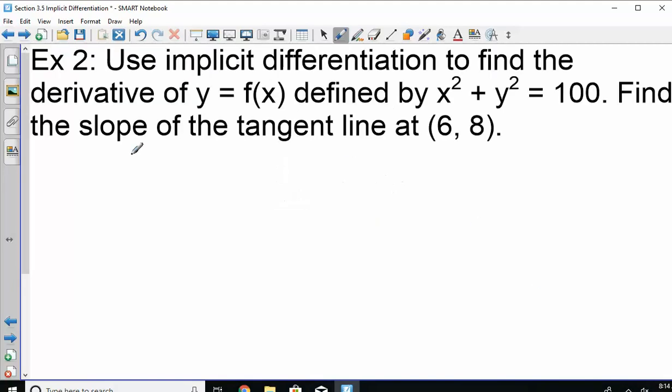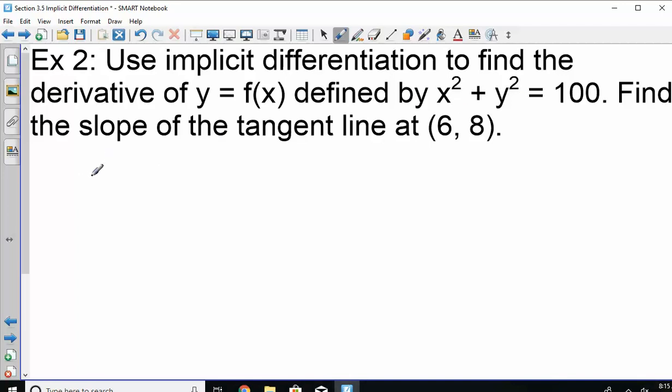Let's do a problem, try to make a little sense of this. So let's take that one that you just solved for y. If I wanted to do implicit differentiation on this, we can do the derivative of this equation as it's written.